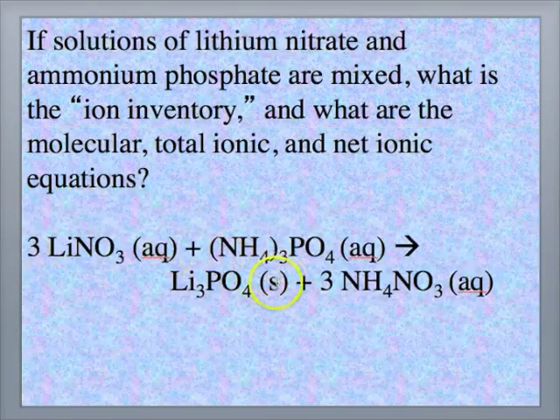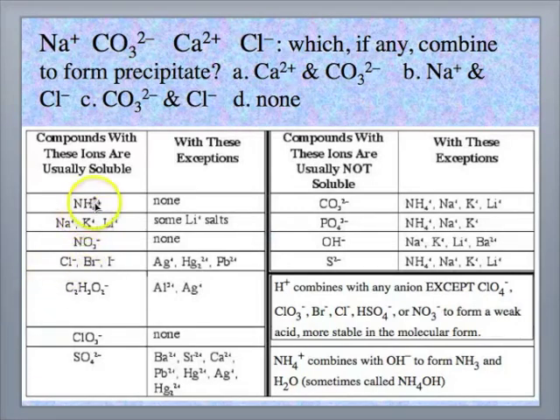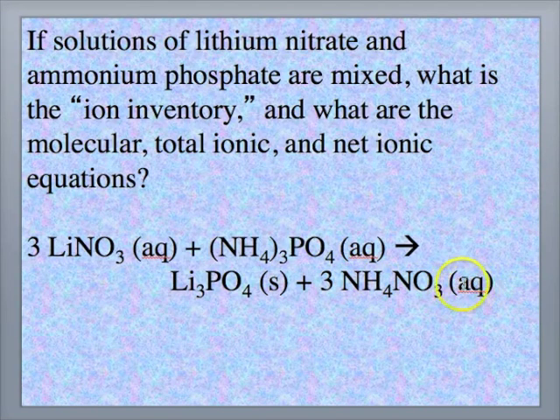So that's why we can write an S stating this is lithium phosphate in the solid form. Now, ammonium and nitrate ions, if we look again at the table, all ammonium compounds are soluble, no exceptions. All nitrates are soluble, no exceptions. So that's a clear indication that ammonium nitrate is going to be soluble in water and have the designation AQ.